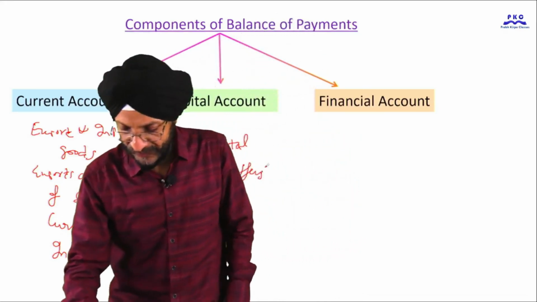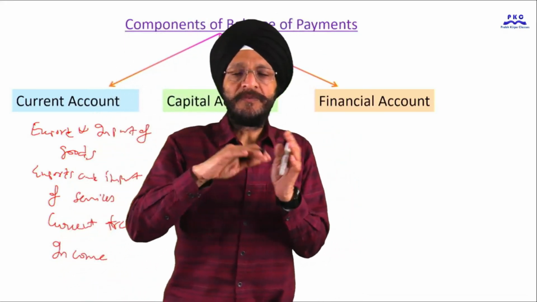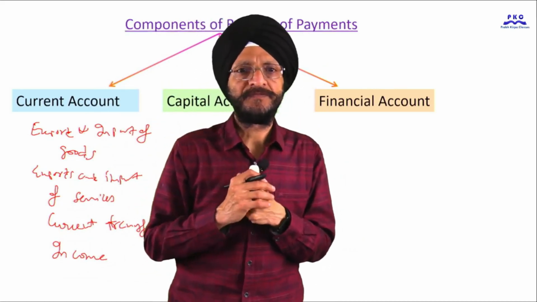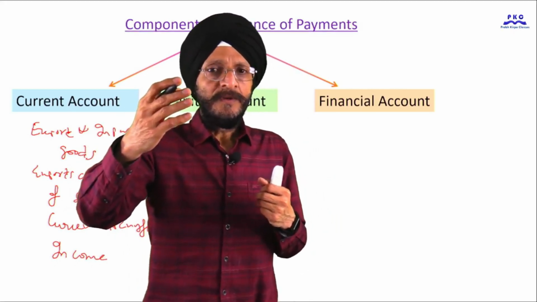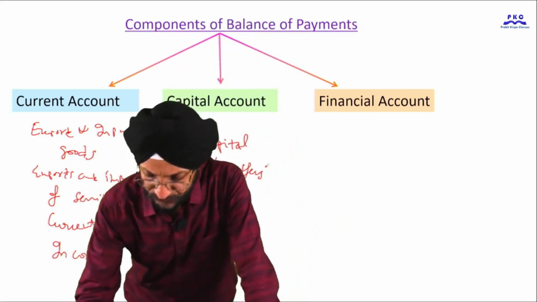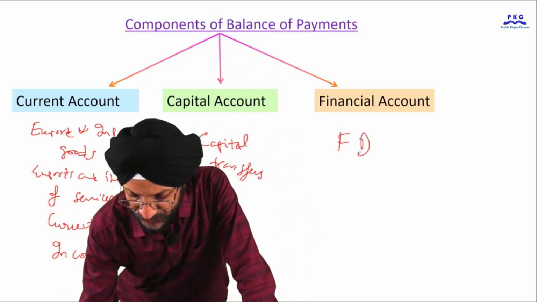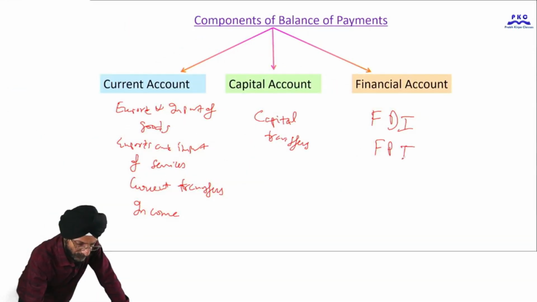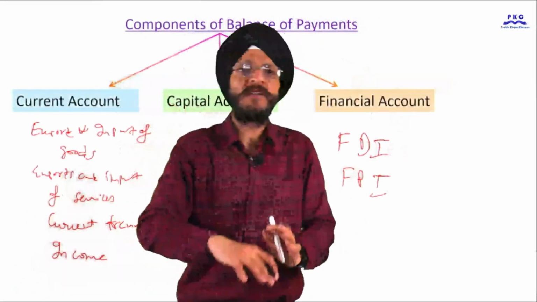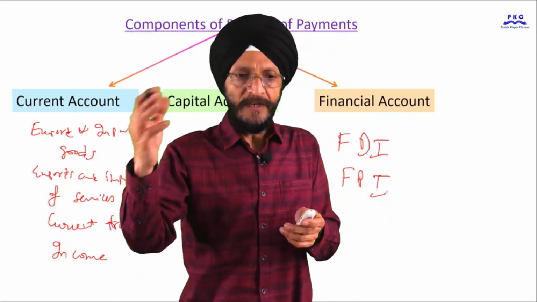Here we will take into account the financial transactions, that is the transactions related to foreign direct investment, foreign portfolio investment, etc. We will discuss all of it in detail later on.